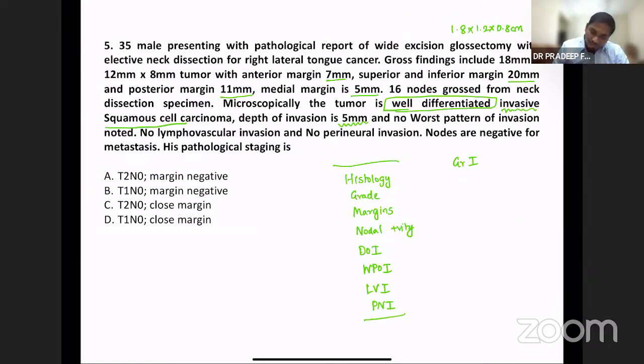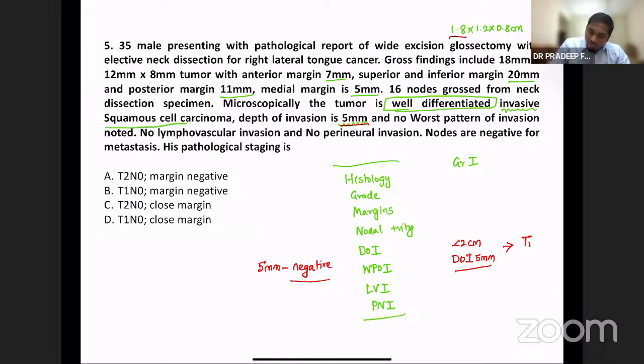So this patient's narrowest margin is 5 mm, that is a negative margin. And whether it is a T1 or a T2 tumor, you should identify. The depth of invasion is 5 mm and the size is less than 2 centimeter. So it comes under the T1 category.